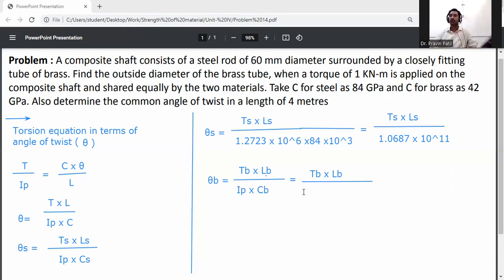So pi by 32 it will be 0.09817 into capital dB raised to 4, then small dB raised to 4 it is 60 raised to 4.